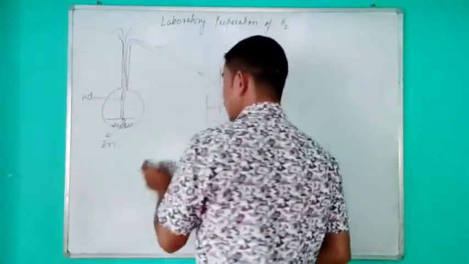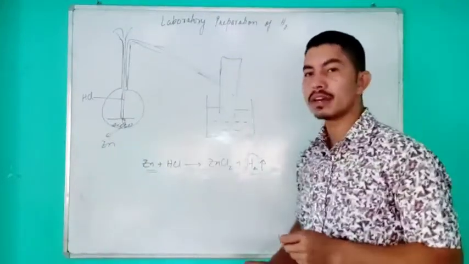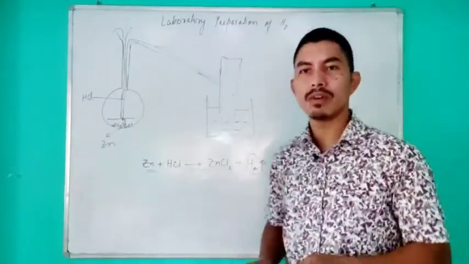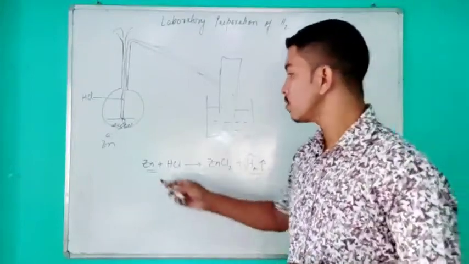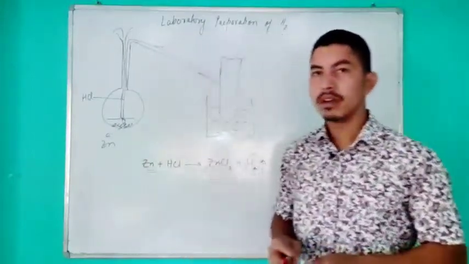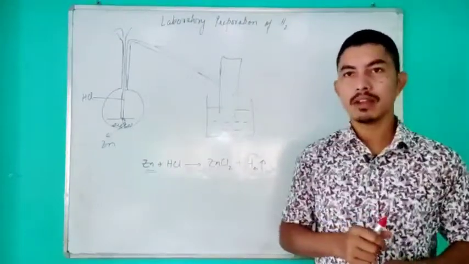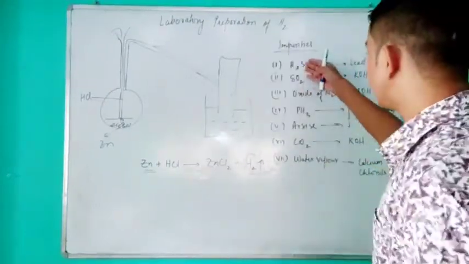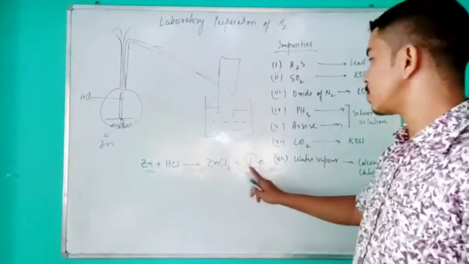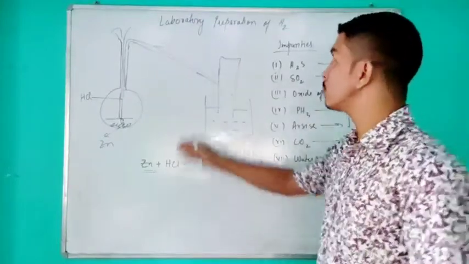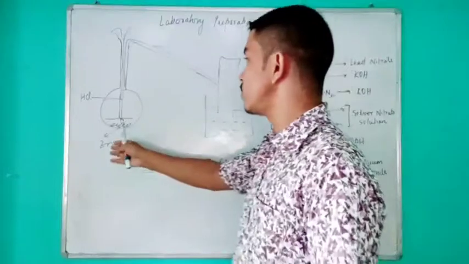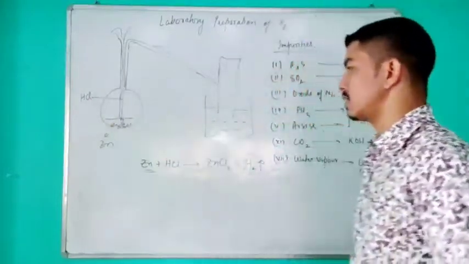The advantage is that the zinc contains impurities which act as a catalyst and enhance the rate of this chemical reaction. But because of the impurities, other gases are also evolved along with the hydrogen gas. Here I have written the list of impurities produced along with the hydrogen gas when we prepare hydrogen in the lab using zinc granules and hydrochloric acid.